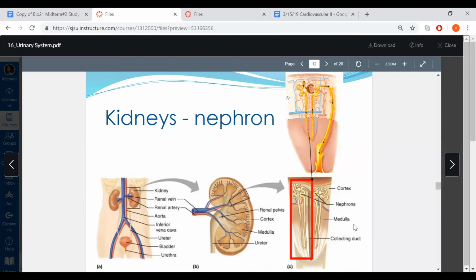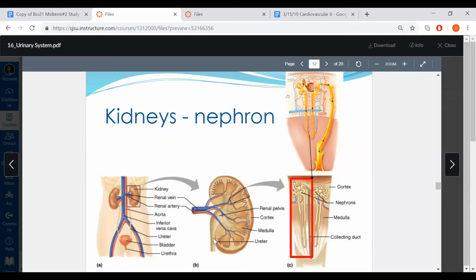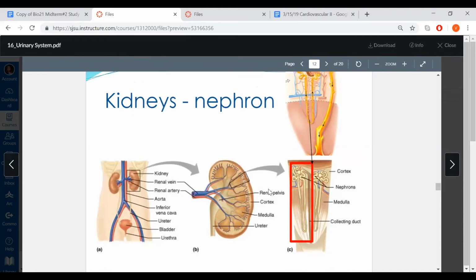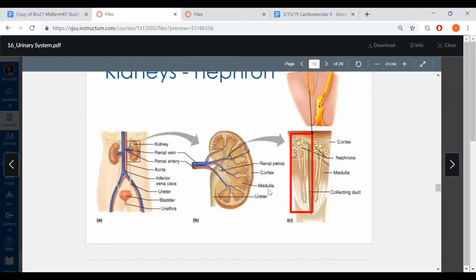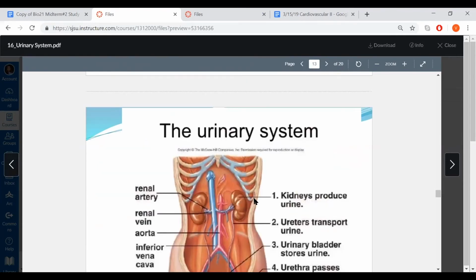These guys basically help filter and clean out our blood. They help maintain our pH and our blood volume in our body. And so it produces filtrate, the fluid left behind after being filtered.